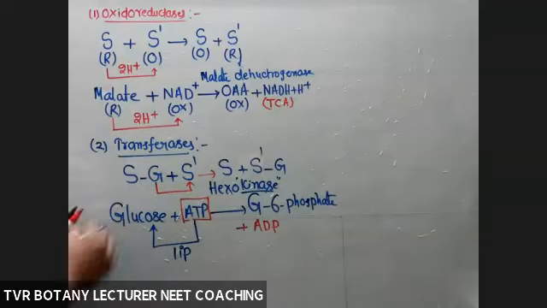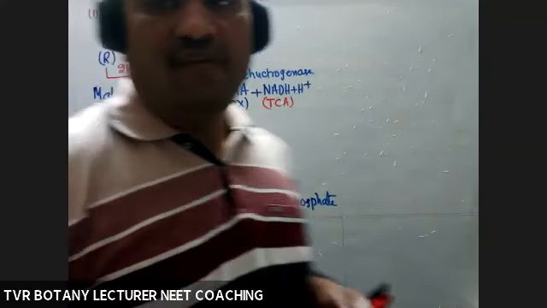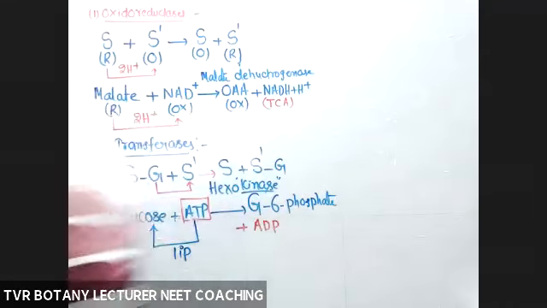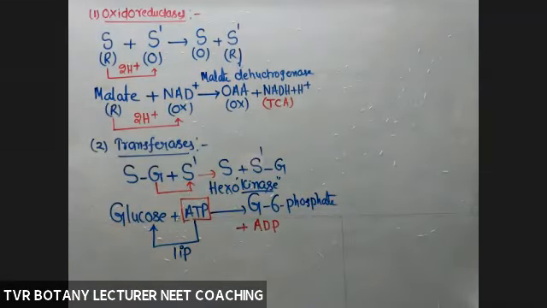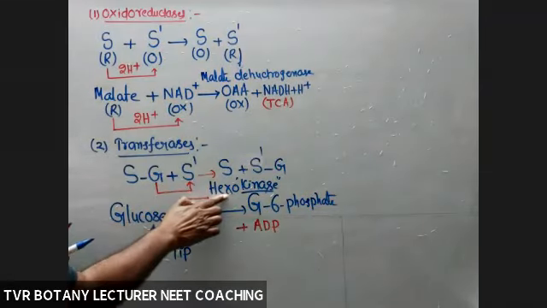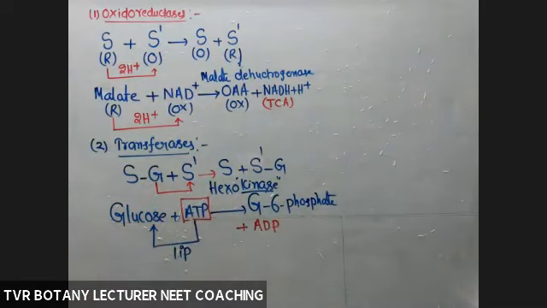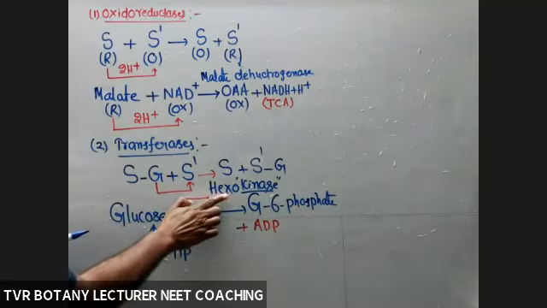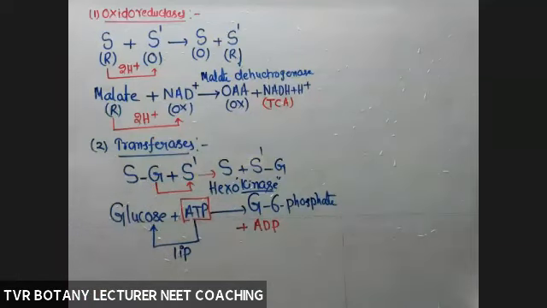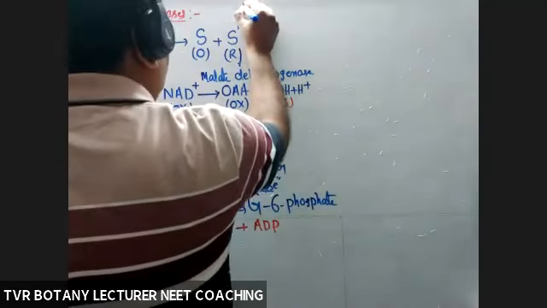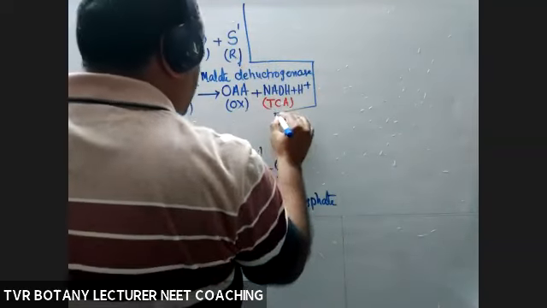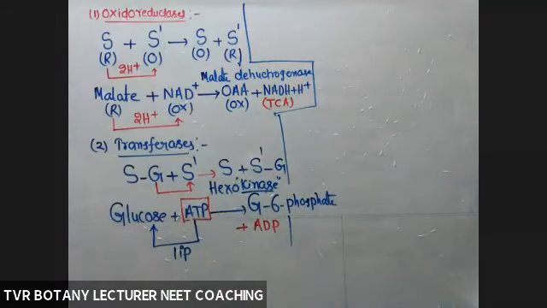So according to this reaction, we can say transferases are phosphotransferases. A phosphate molecule is transferred between these two by hexokinase. Right? So that is about the second class.